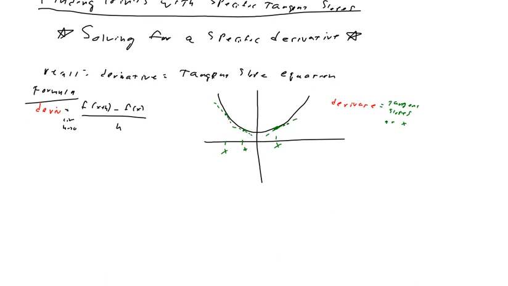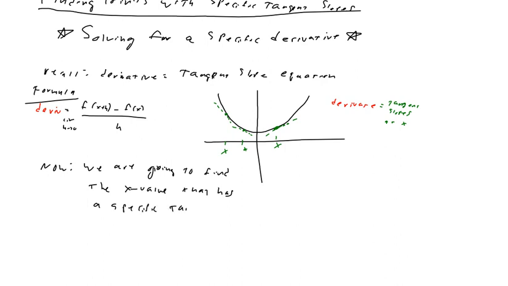So now, what we're going to do is find the x value that has a specific tangent slope. That's our goal this time.